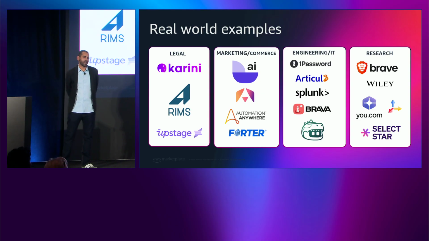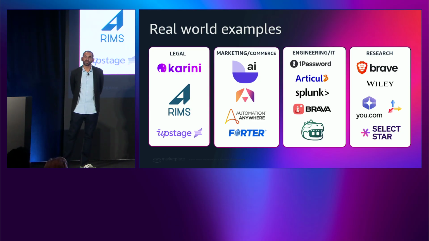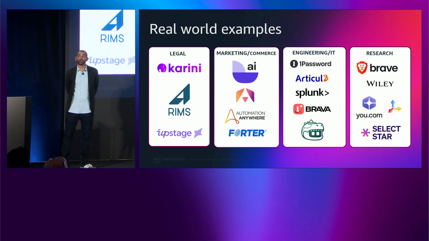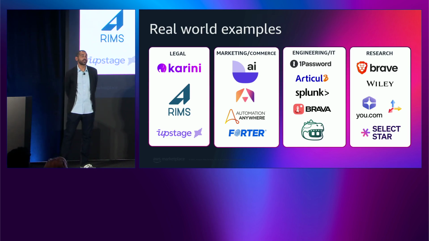And then lastly, research and development. Today, when you use models, a lot of the time those models don't have all of the data they need, and you want to give them more data to use, whether it's real-time data, whether it's specific data from specific vendors. You can use vendors like these to help you with that.